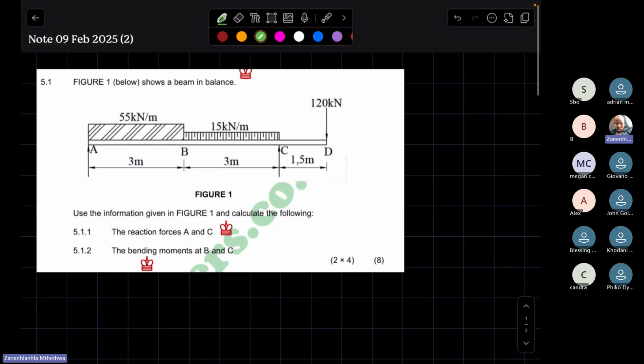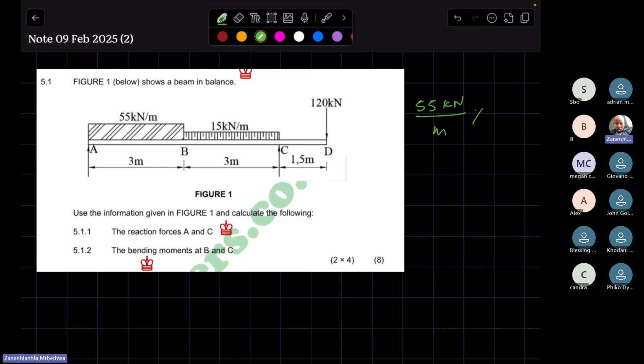So first thing you do is you resolve both of these UDLs into its weight. How do we resolve a UDL into its weight? By taking the magnitude of the UDL and multiplying it with the span of the UDL. For instance, here, the first UDL is 55 kilonewtons per meter.